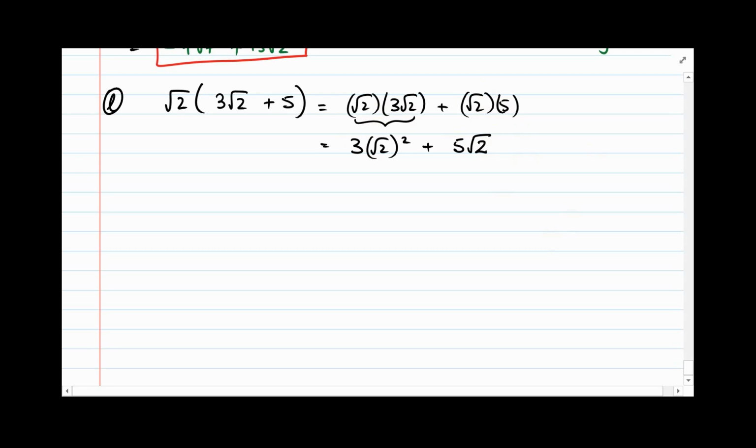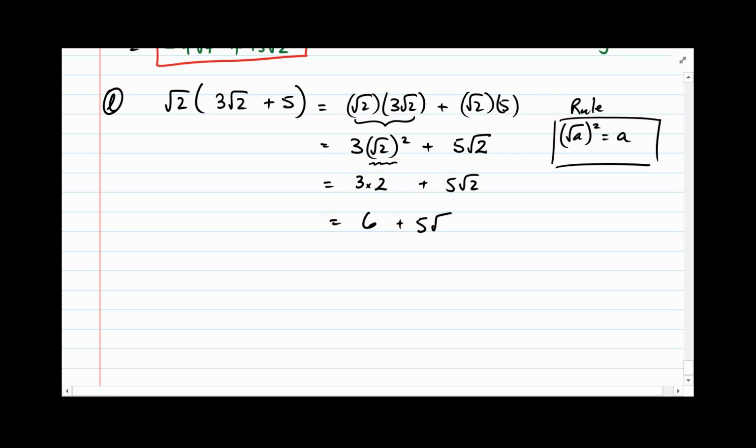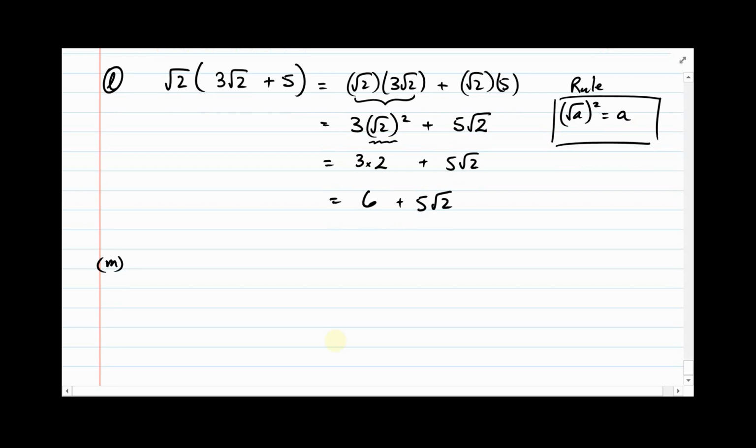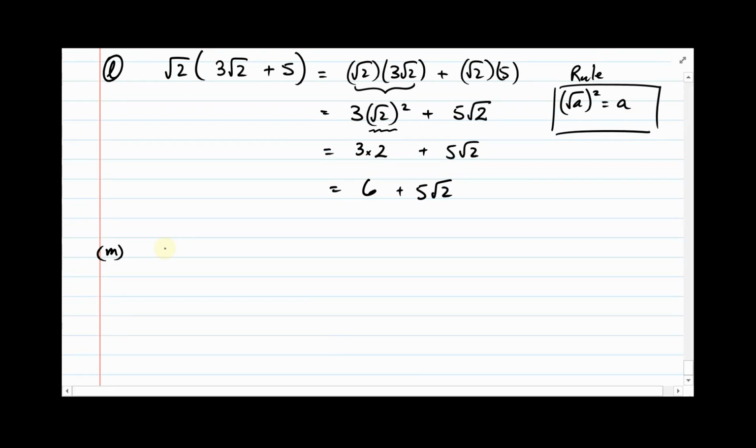So 5 root 2. Now we're not done. Do you recall what happens here? What is the rule? So the rule that we're using is that root a all squared is simply a. One is the inverse of the other. So we end up with 3 times 2, which is 6, plus 5 root 2.